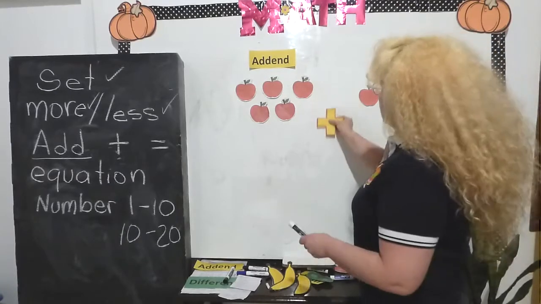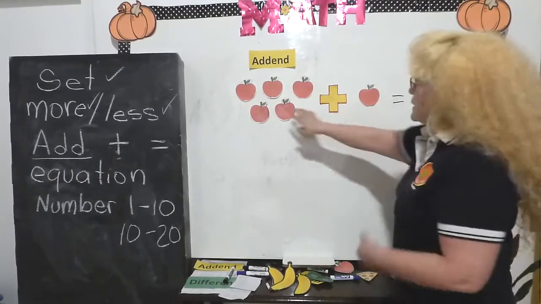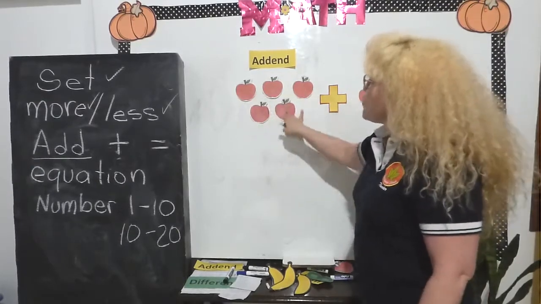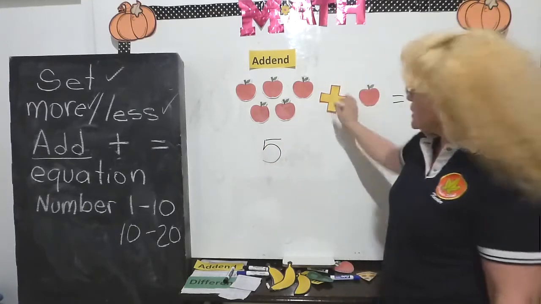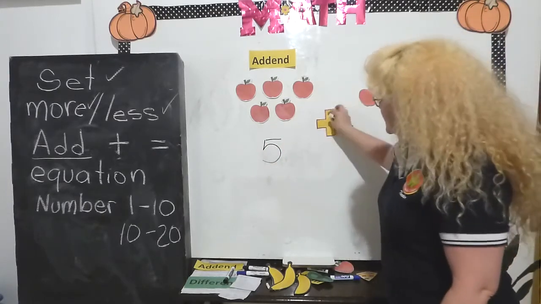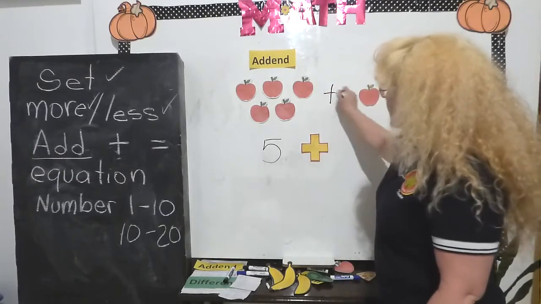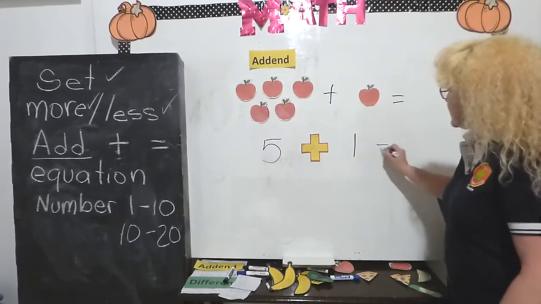So, let's count the apples first. 1, 2, 3, 4, 5. 5. I'm going to use this one because I like it. It's a beautiful plus. Plus, how many apples? 1.